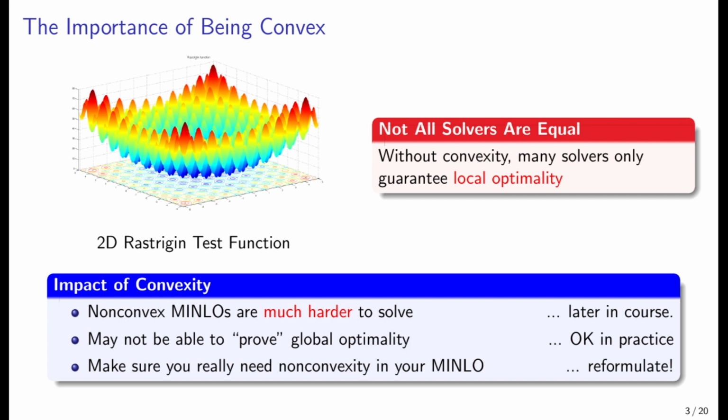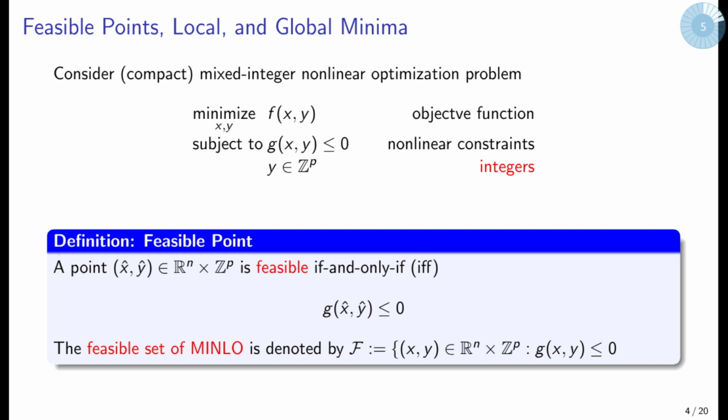You may not be able to prove global optimality. So even though you might find the global minimum, you might not have a guarantee that this is the best solution. And in some cases, you might want that guarantee. But it's also important to make sure that you really need non-convexity in your problem. Formulating problems in a convex way is safer, and sometimes there are reformulations. I'll give you some of these reformulations in a later lecture.